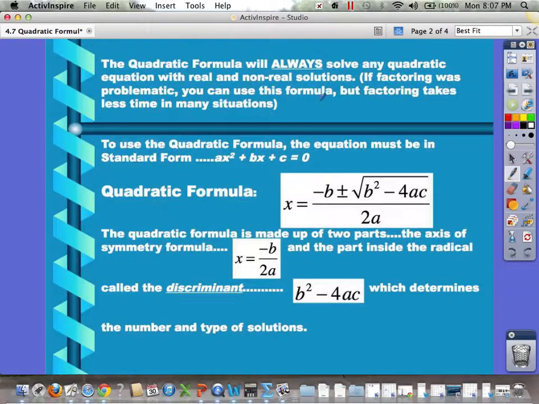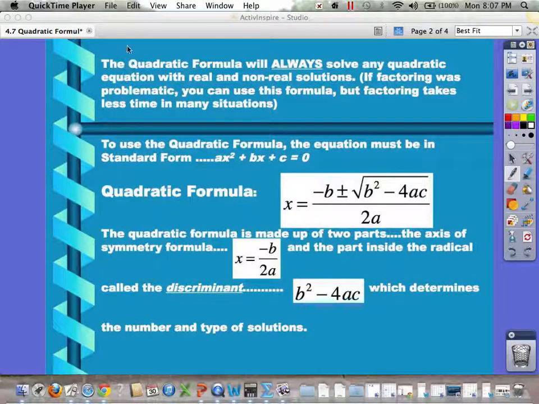All right, so the quadratic formula will always solve any quadratic with real or non-real solutions. If factoring was problematic for you before, you can use this formula, but I'm telling you, factoring we're going to use the rest of the year, and most of the problems where we're using the factoring will be very straightforward.